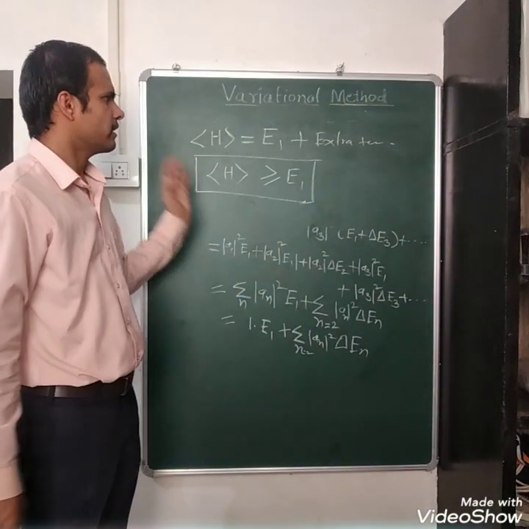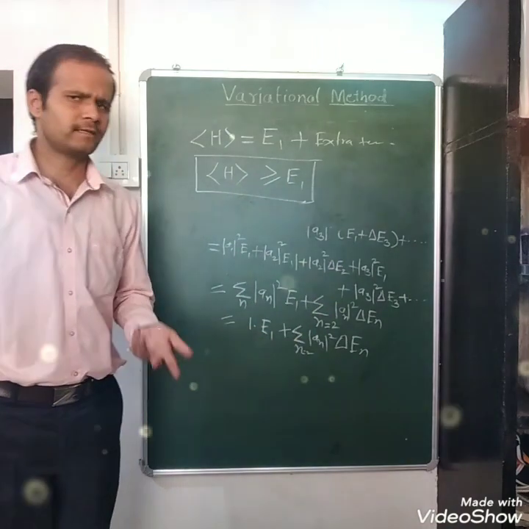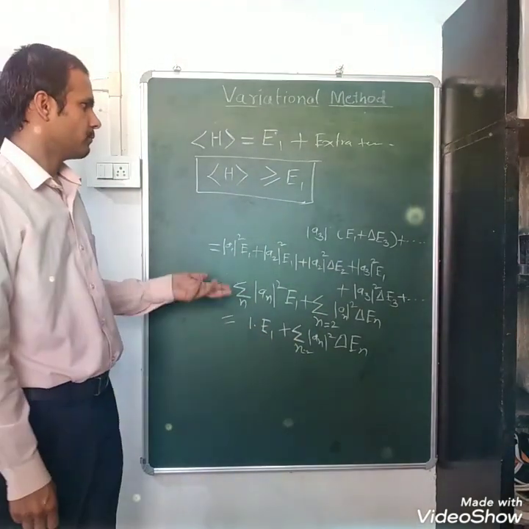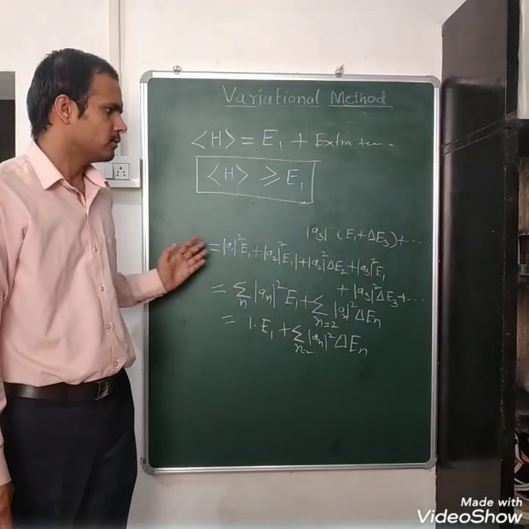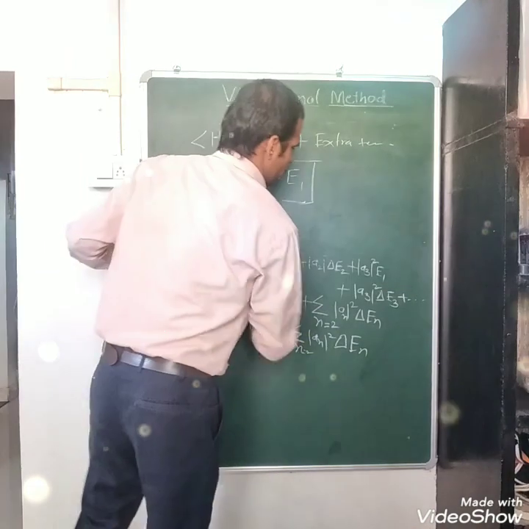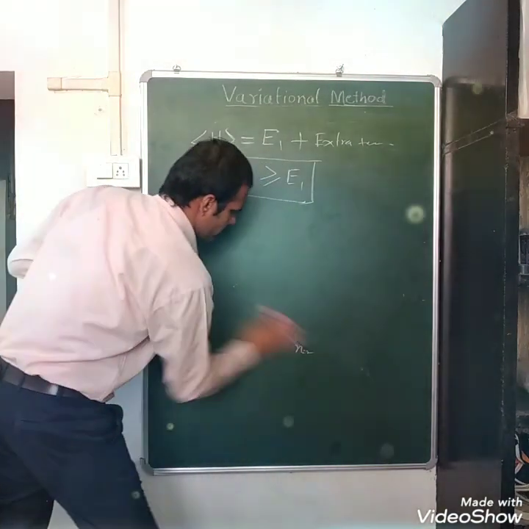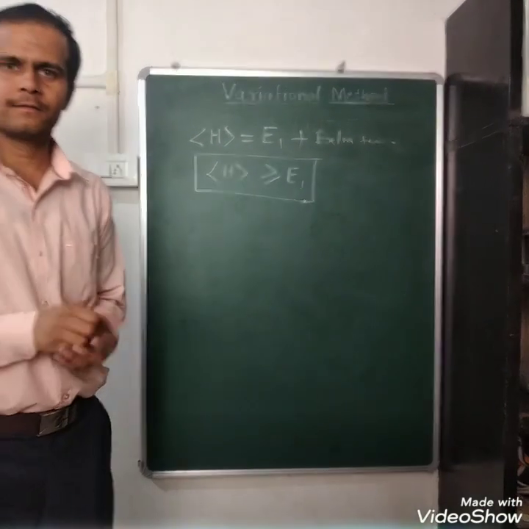In a few cases we can use this method to solve the first excited and the second excited state also. So basically this is the principle of the variational method, and we will use this for solving perturbation problems in quantum mechanics.